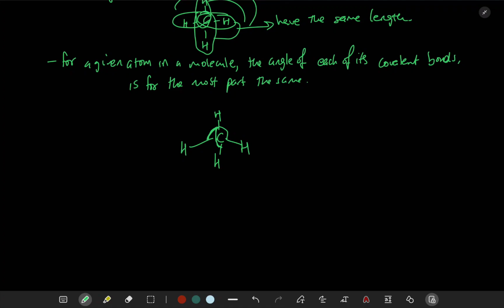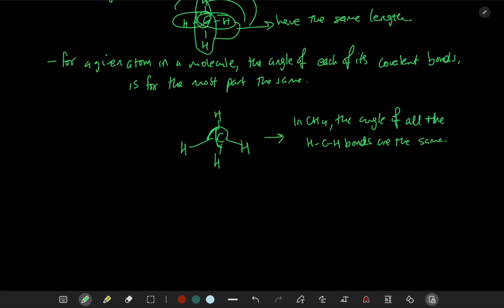And so with respect to methane, in CH4, the angle of all the hydrogen-carbon-hydrogen bonds are the same.